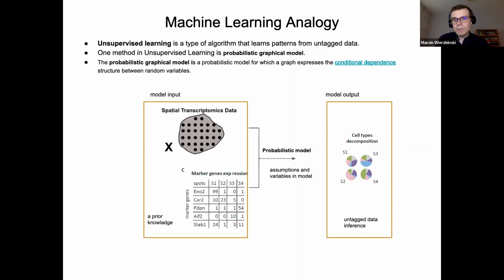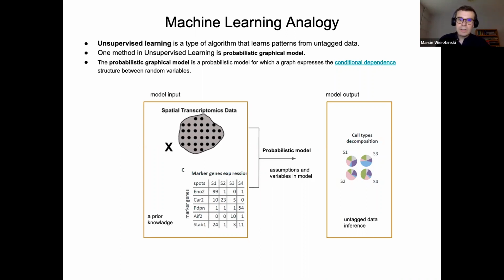It means that we have some input and we want to infer about the data with specific restrictions. In this place, we have a model input: a priori knowledge about our spatial transcriptomic localization and marker gene expression.